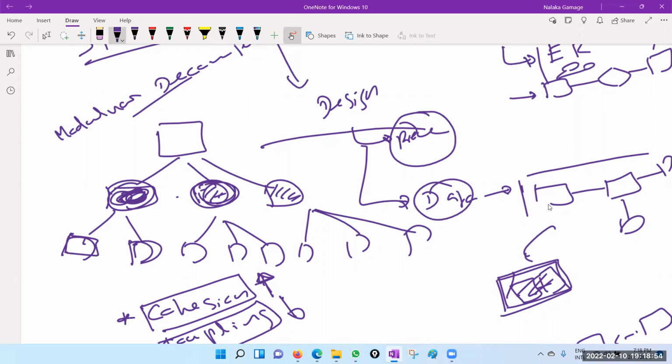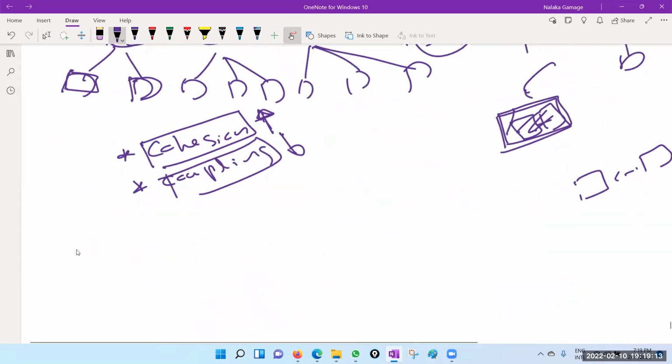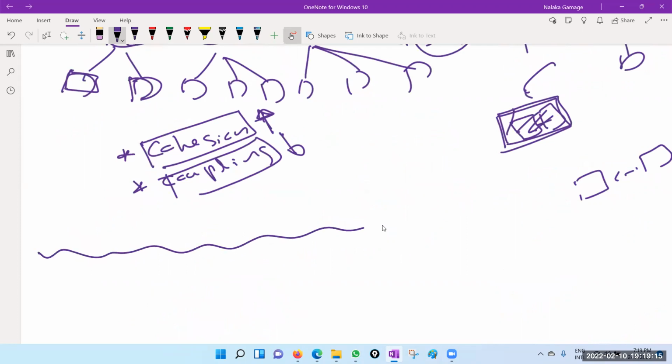We have to identify primary keys, foreign keys, and we have to map the associative entities into tables, connecting tables, etc. That we are covering in a separate subject called database. So we don't have to discuss it in detail here. Okay, so that is just an overview of how structured designing happens.